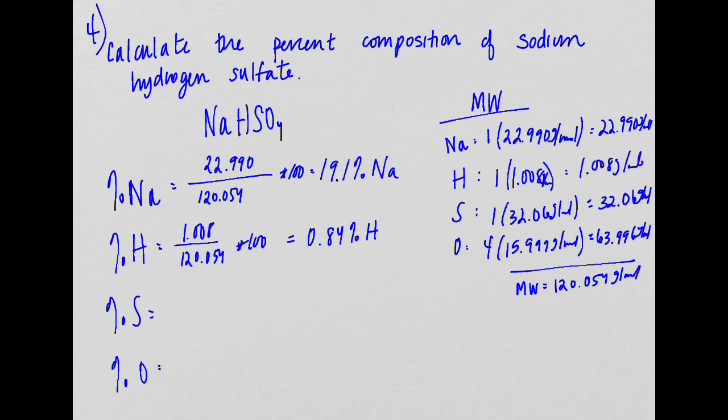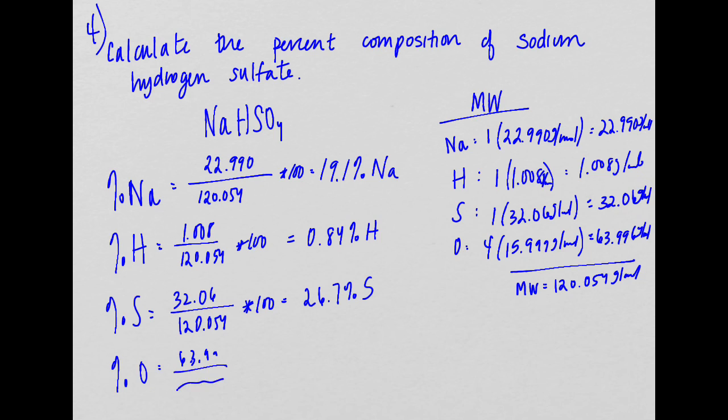Then we have sulfur, 32.06 grams per mole divided by the molecular weight times 100, which gives us 26.7% of sulfur.